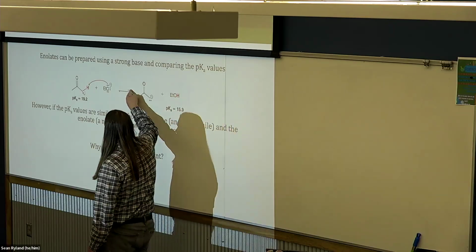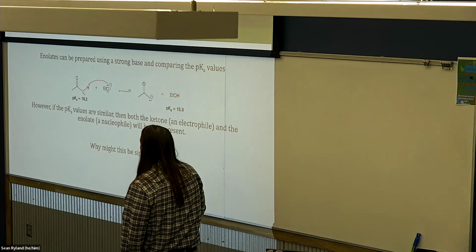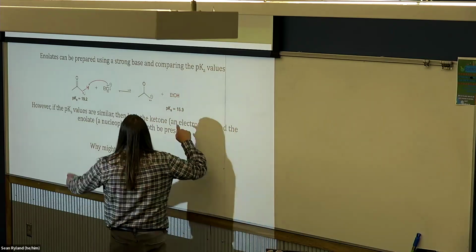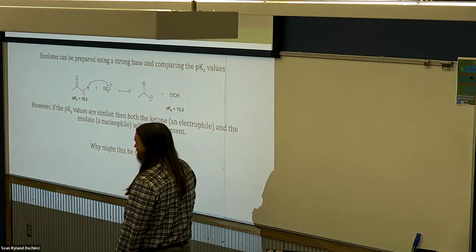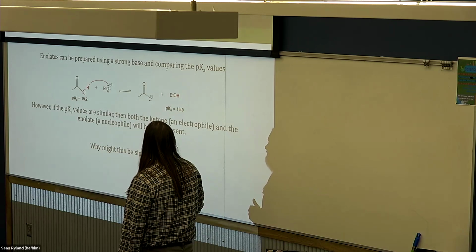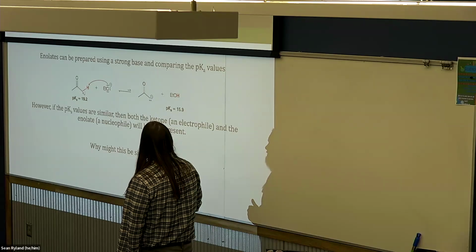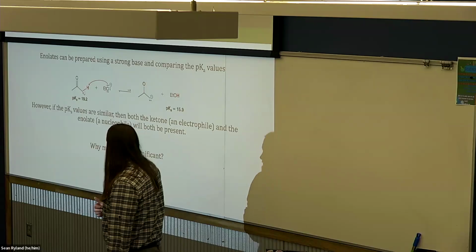And so we have a really rough idea of the size of these arrows. What's the difference between those two pKa values? Almost 4. No, 3.2.